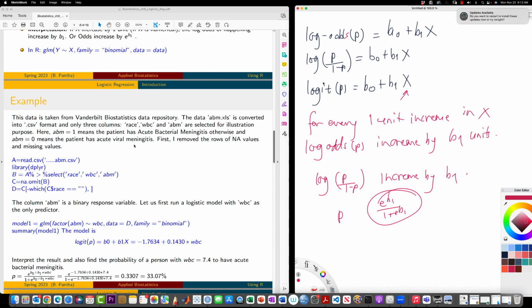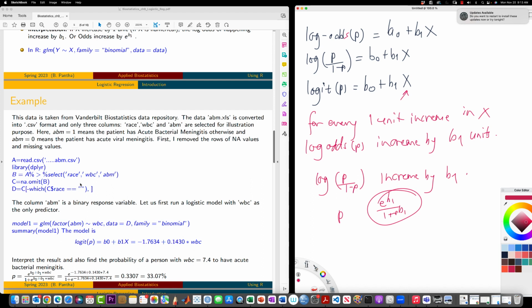Race is the patient's race, and WBC is a numerical value.